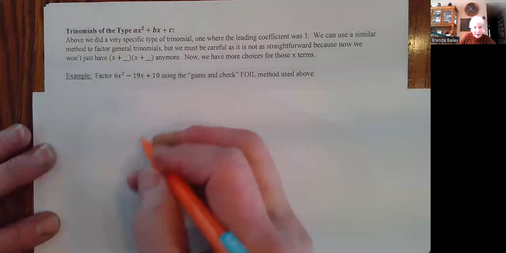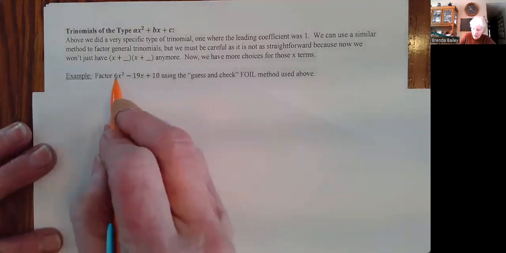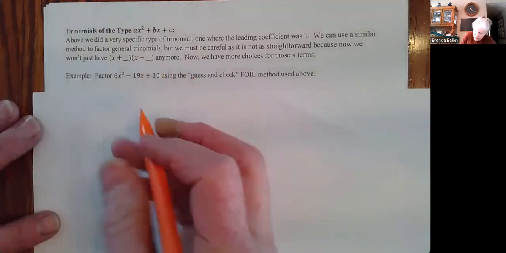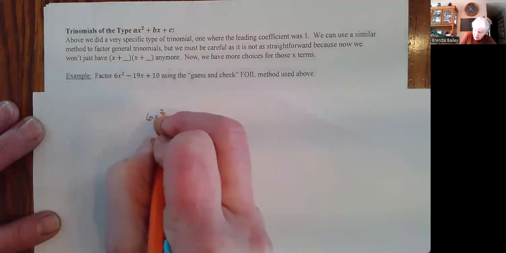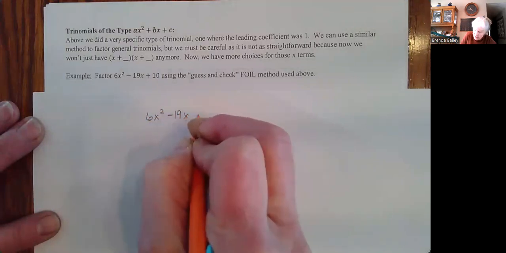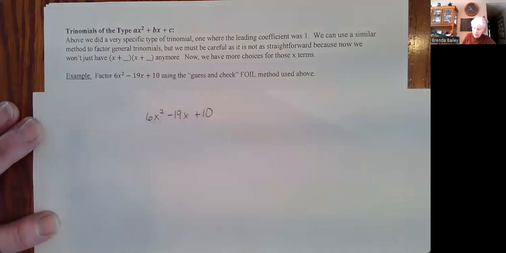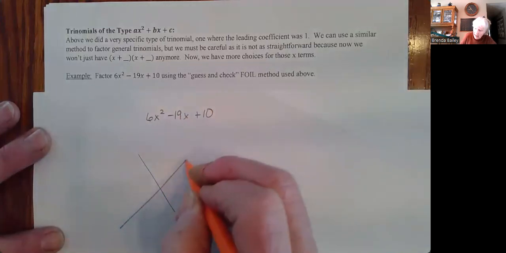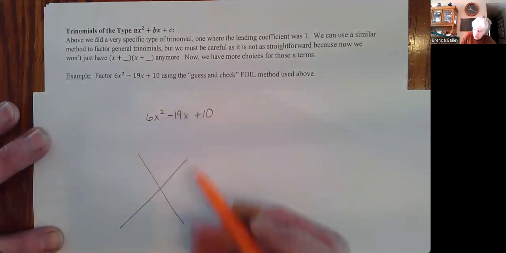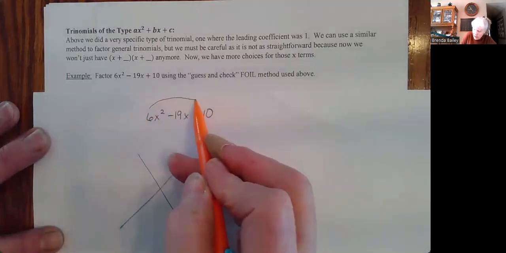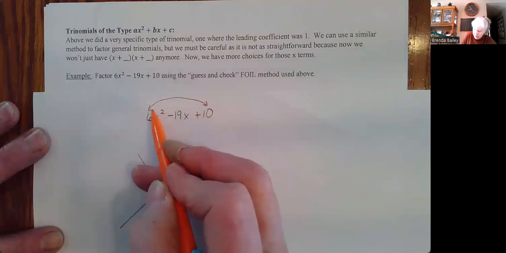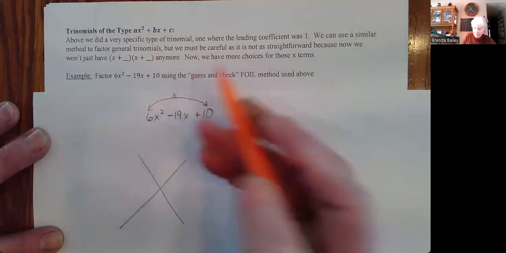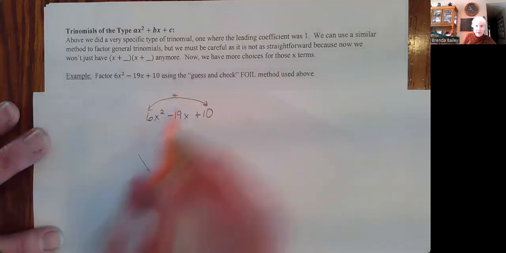To start with the Xbox method, again, look for what's in common, nothing. You take your 6x squared minus 19x plus 10, and you make an x. In this x, what you'll do is you multiply those two together. I'll put a star rather than an x.